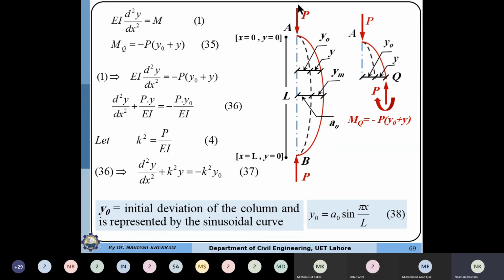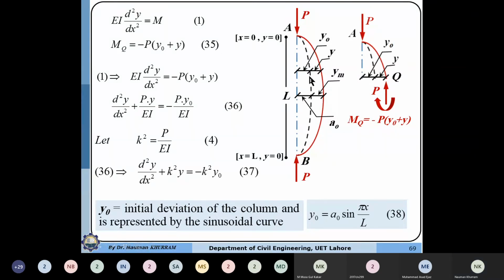If we apply the load P, the column already has some imperfection causing moment. Due to the load P, the column will further bend from this black dashed line to this red configuration.